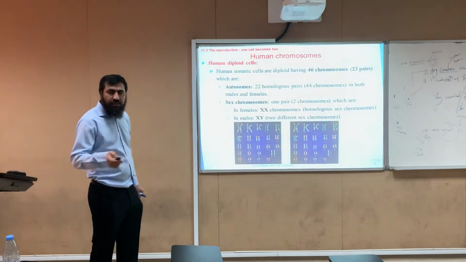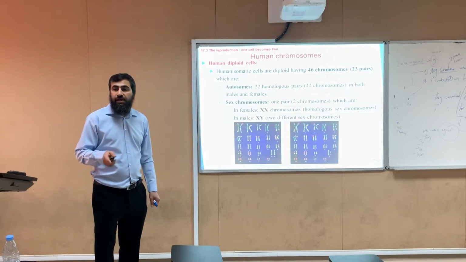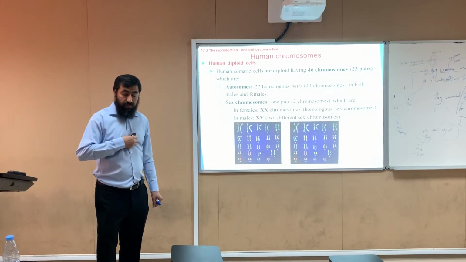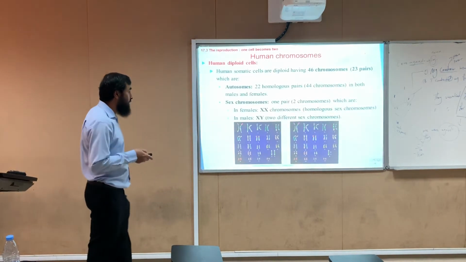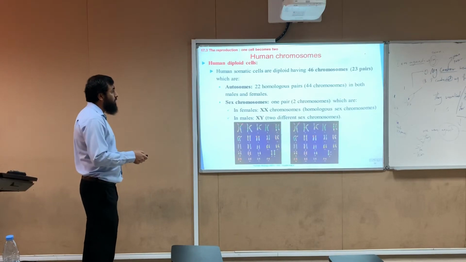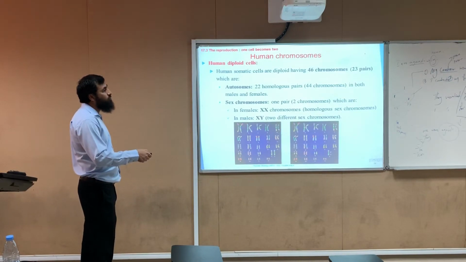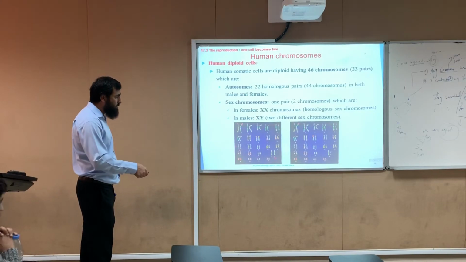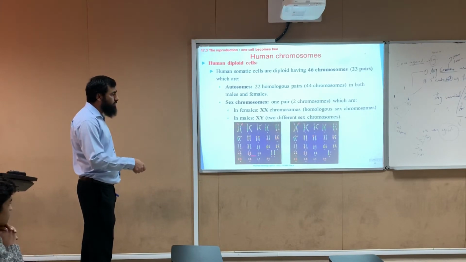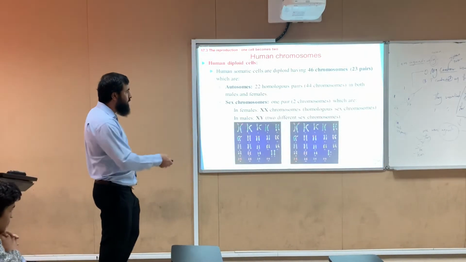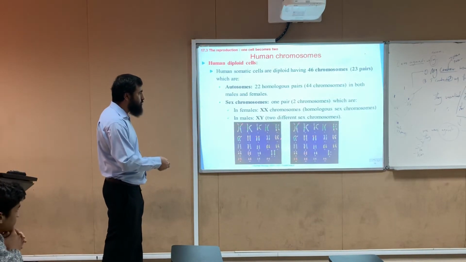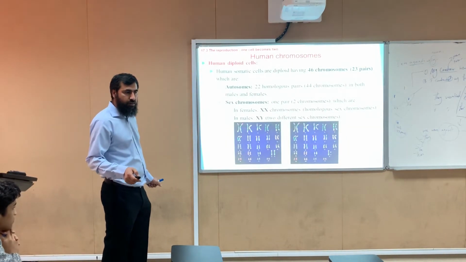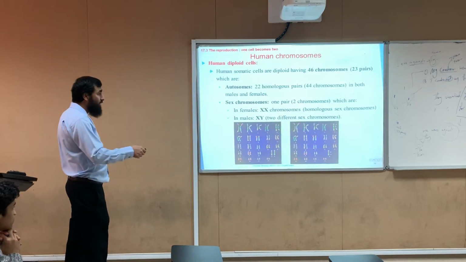This is because we get unequal division of the chromosomes, a problem with the division. In humans, as I said, we have 46 chromosomes that come in 23 pairs. When you count them, it's 46. This is the somatic cell, so it's 2N, diploid.